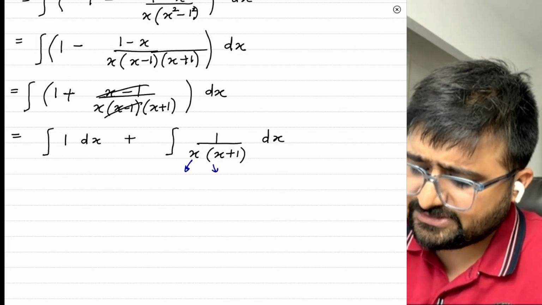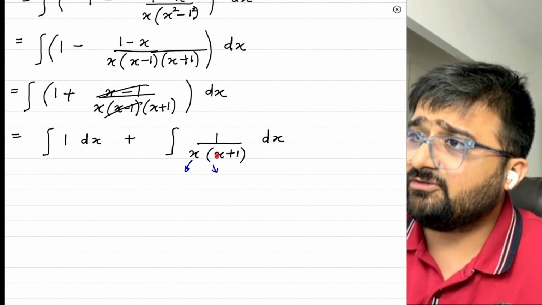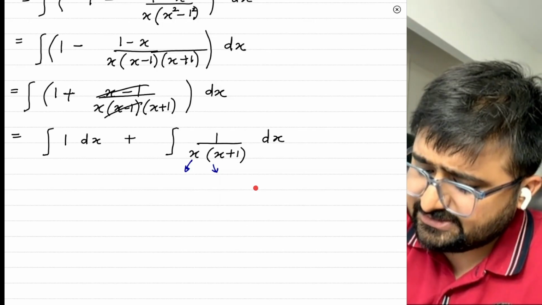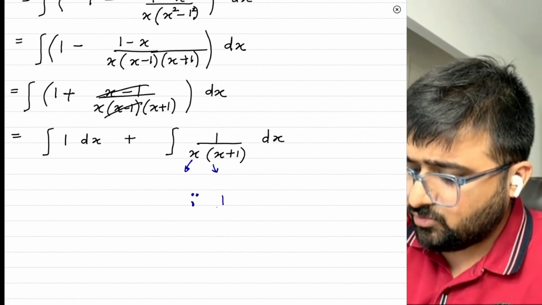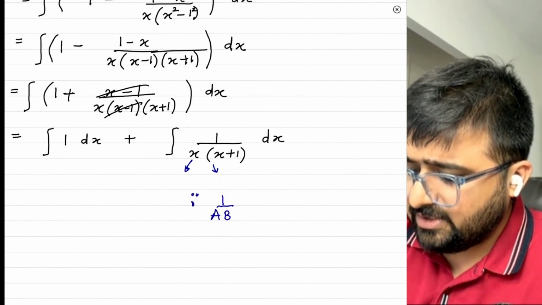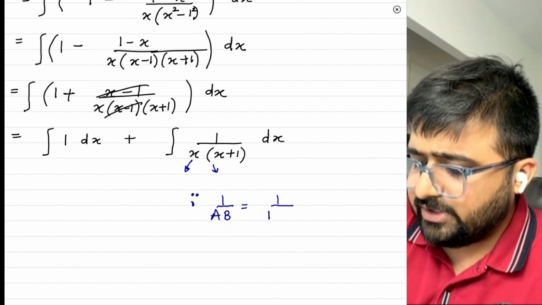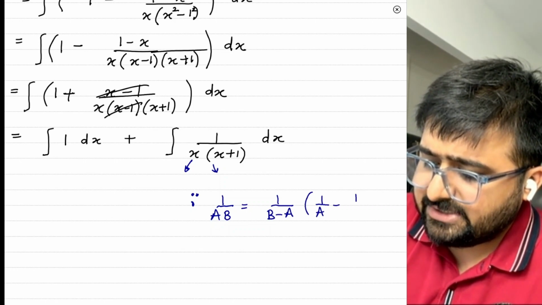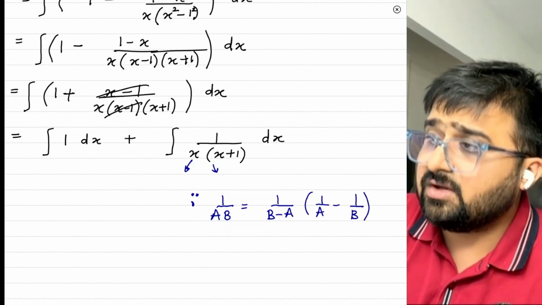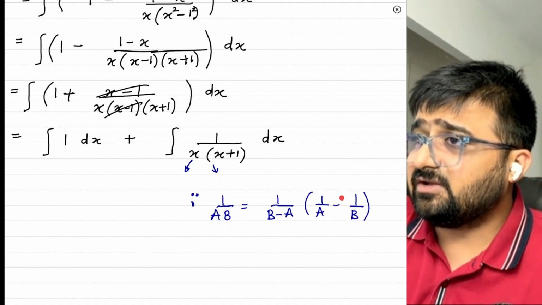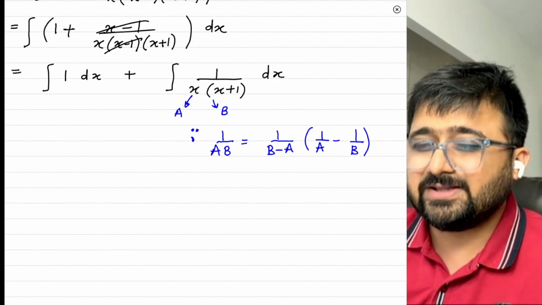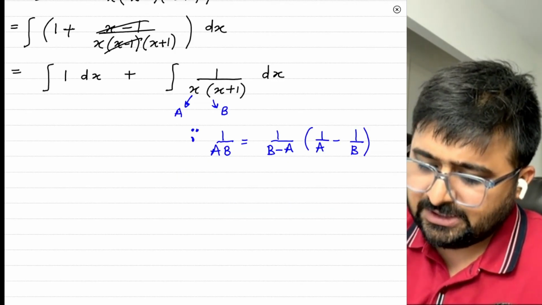Remember, whenever you see the coefficients of the variable same over here, there is actually one formula which is given by 1 over ab is equal to 1 over b minus a, times 1 over a minus 1 over b. Now you can apply this particular formula here and treat this as a and this as b, and the way things will get cancelled out, you will fall in love with this integral.